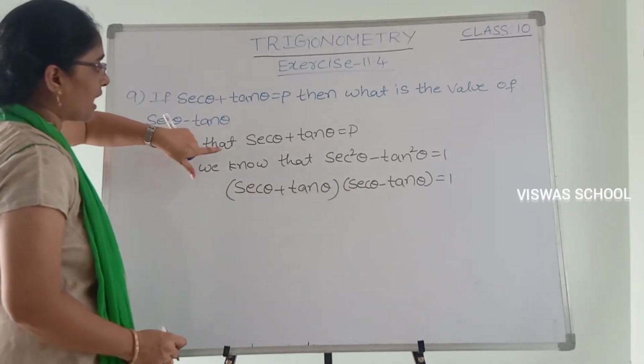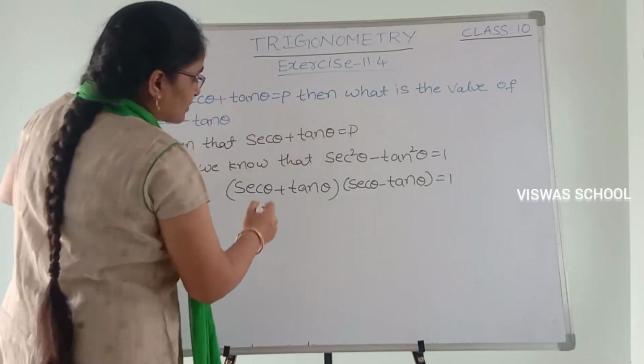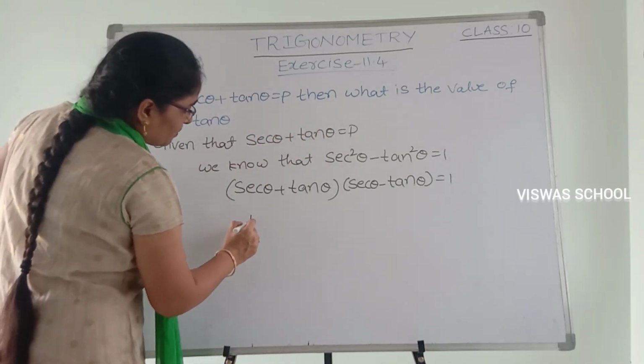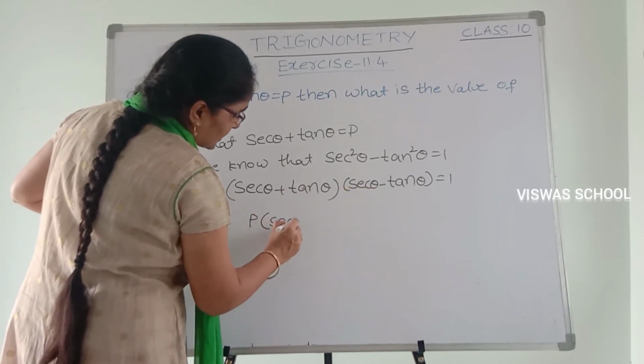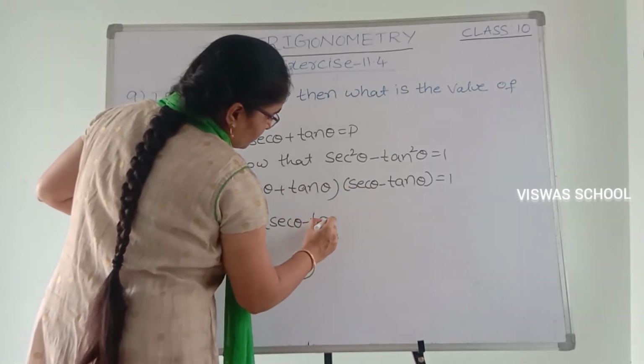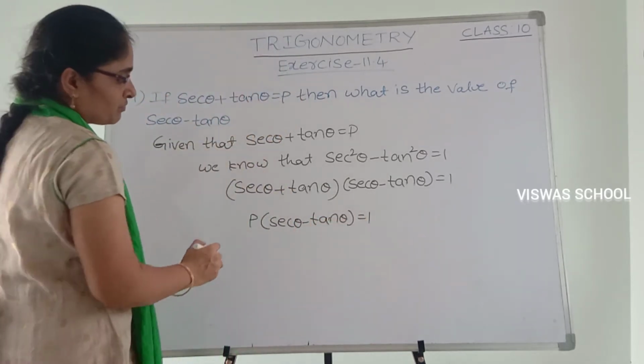Now here, the value of secant theta plus tan theta is p. Substitute the value here: p into secant theta minus tan theta is equal to 1.